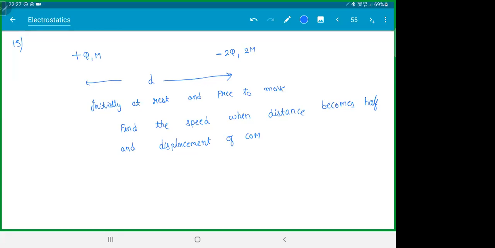The plus Q and minus 2Q will attract each other, so the distance will become half. So find the speed of the particles when the distance becomes half. Try.